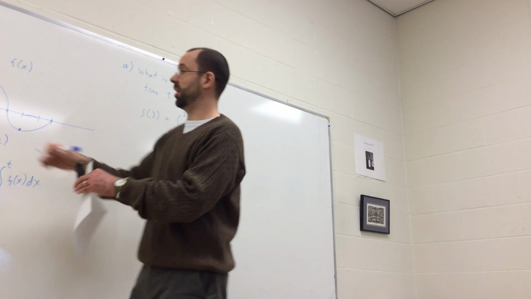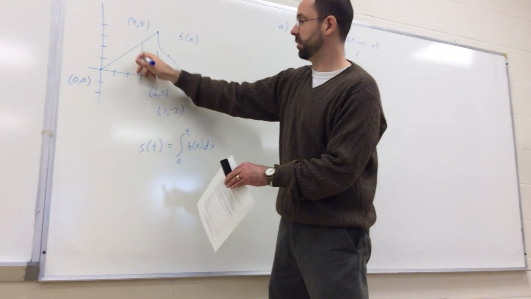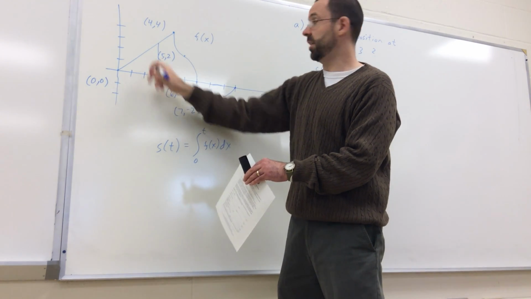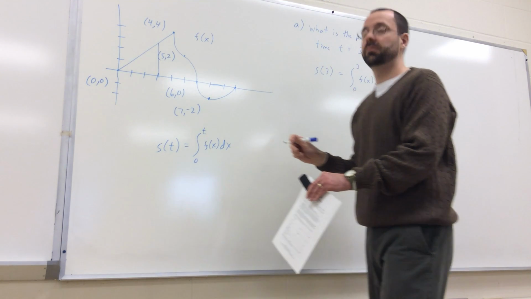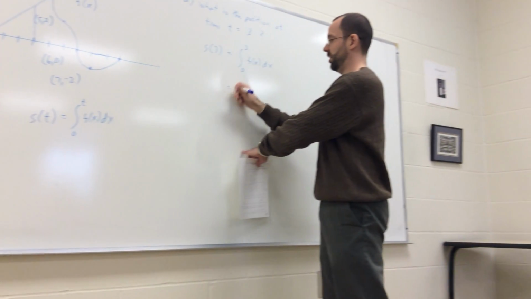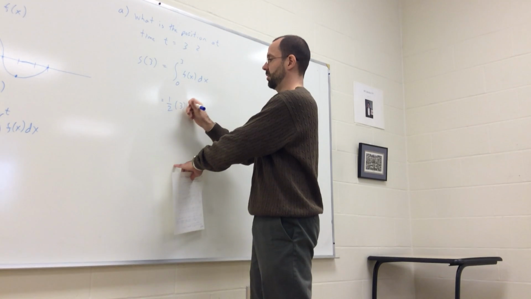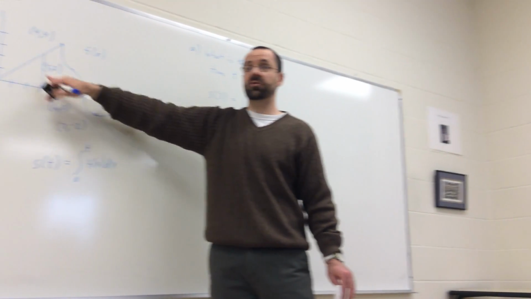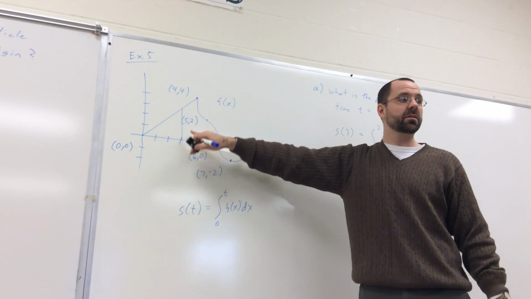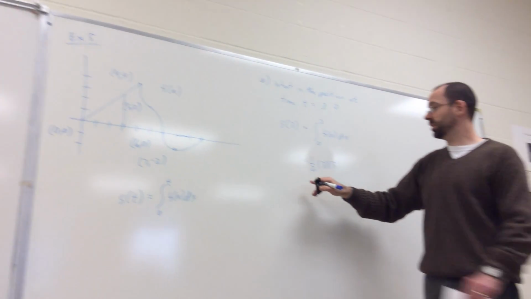So all I have to do is come over here to 0 to 3 and find the area of that triangle. So that's 1/2 times the base of that triangle, which is 3. The height of that triangle is 3. So it's just 1/2 times 3 times 3.